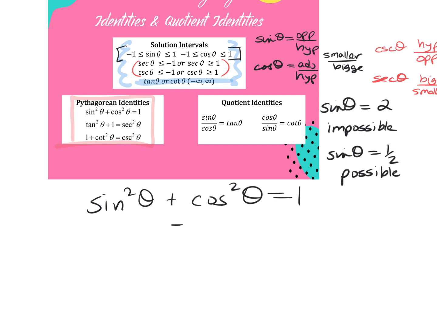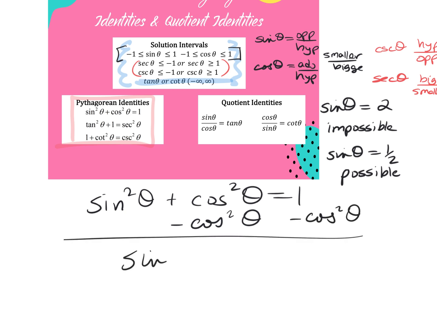In that case, I might want to rearrange it and get sine by itself by subtracting cosine squared from both sides. And then I get what sine squared theta equals. It equals 1 minus cosine squared theta. So be able to manipulate them, move things from one side to the other on any of the 3.